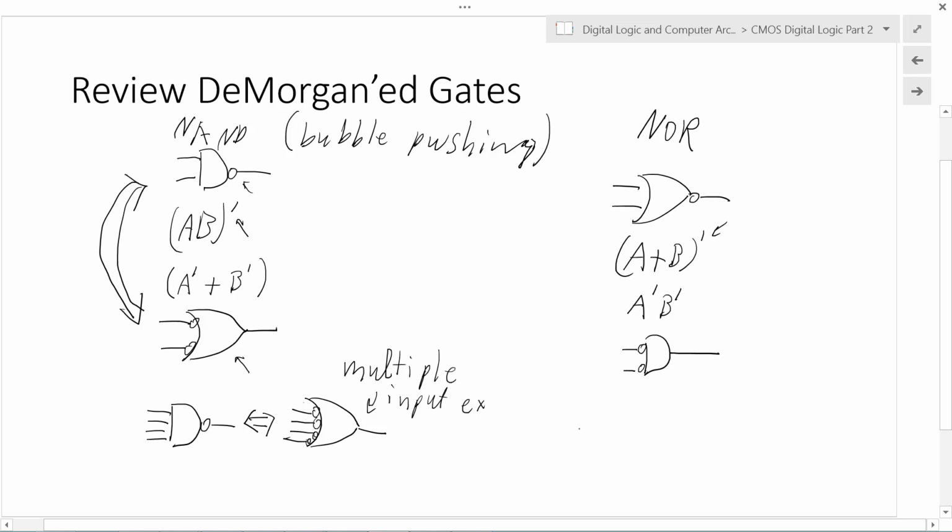So if I were to draw a 3-input NOR gate, I could convert that back and forth like so, to this symbol here.